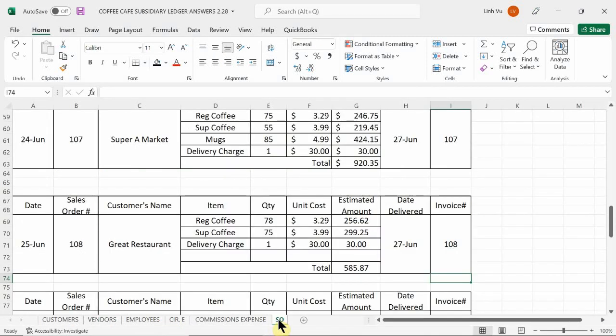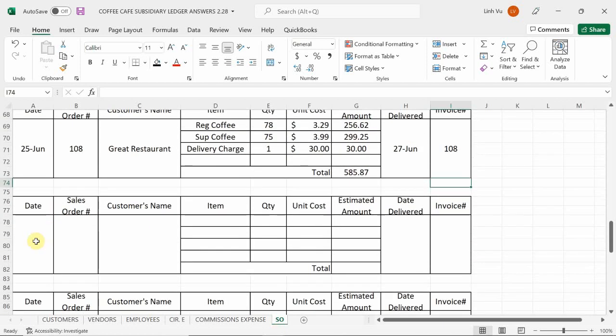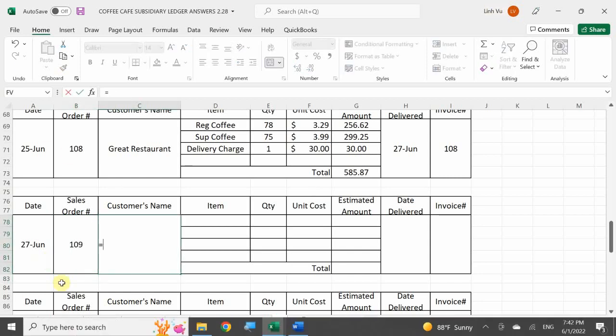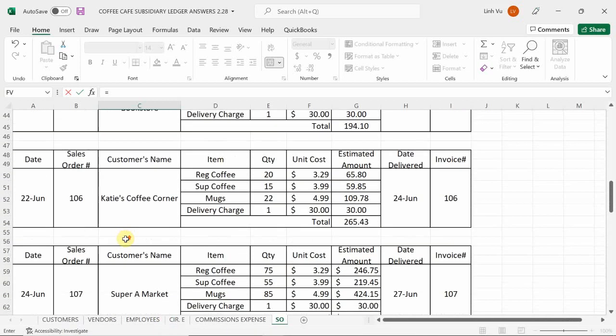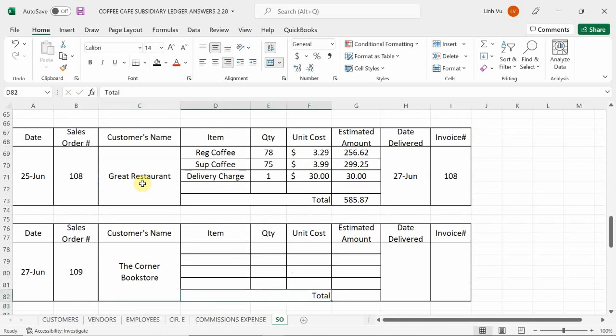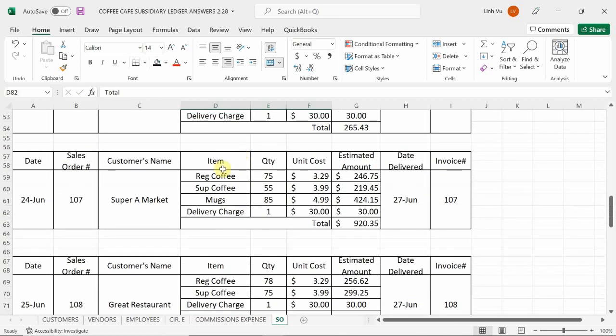Okay, so let me see. We have the date today is the 27th for sales order 109. What customer? We said the corner bookstore. Okay, what did they buy from us?